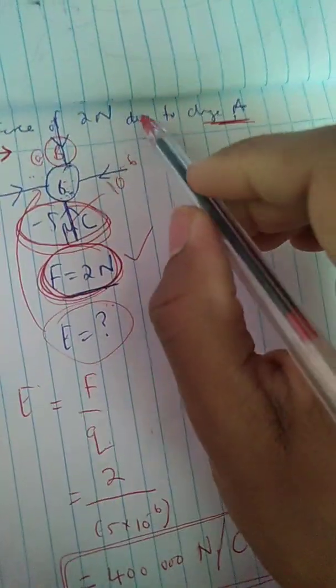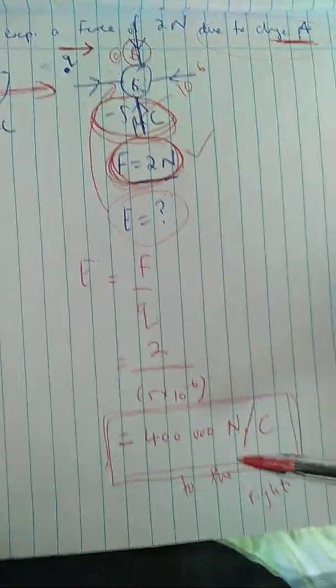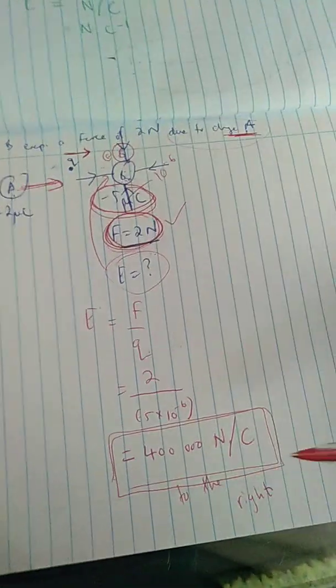You understand? So the electric field strength is towards the right.